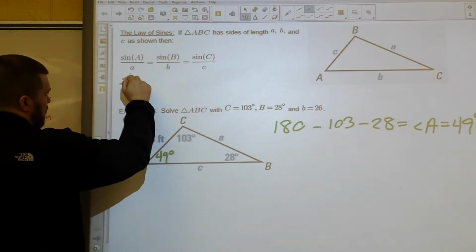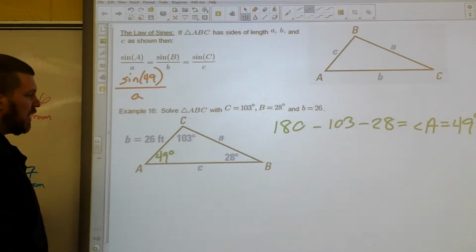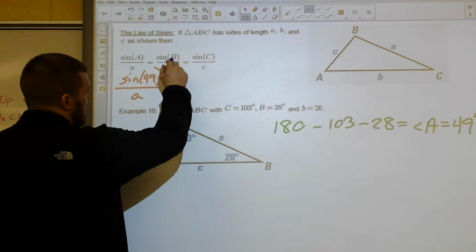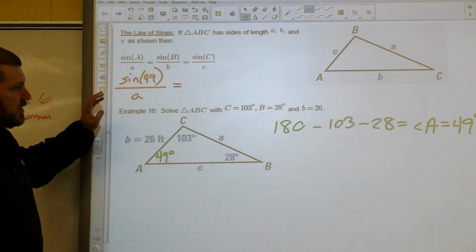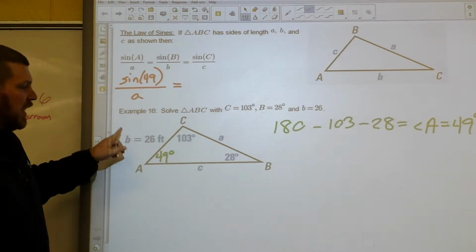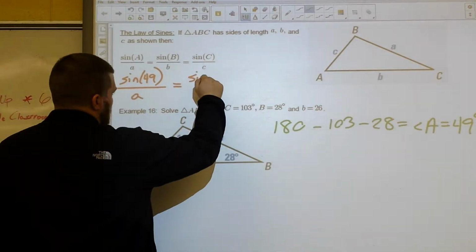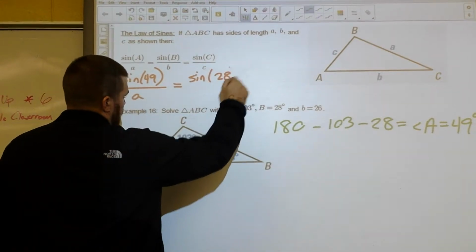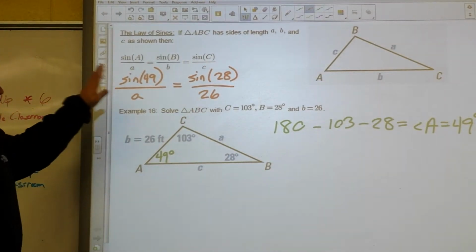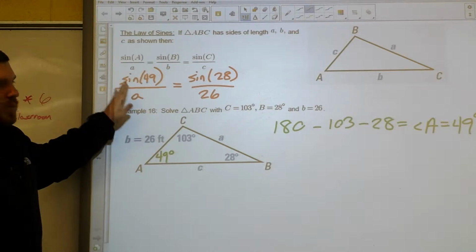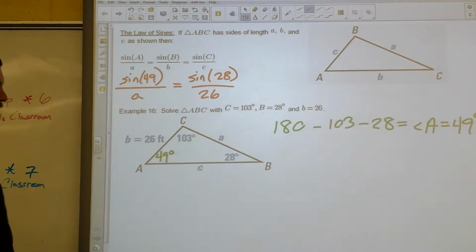So I have sine of 49 degrees over side A, and that's going to be equal to sine of B, which is 28 degrees, over side B, which is 26. Since I have an equation, I can only have one missing piece, so I use side B and angle B, because I've got both pieces there. Again, with the law of sines, you only need 2 out of the 3 ratios to make your equation.